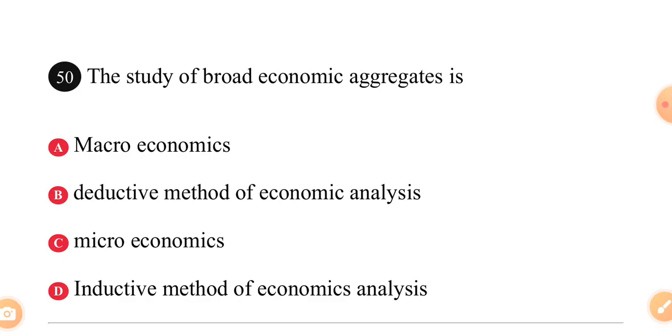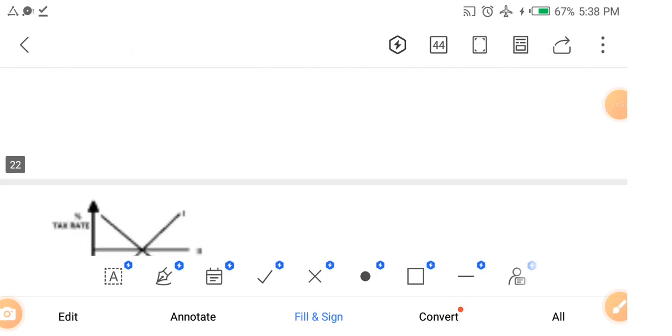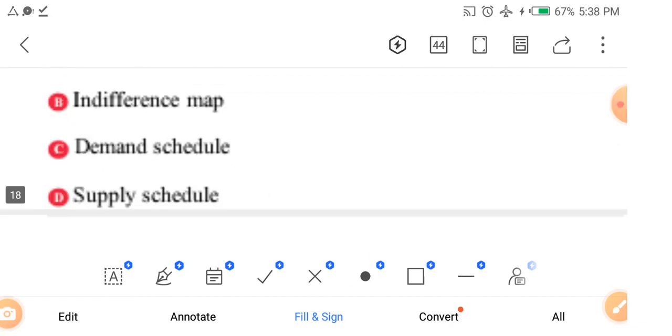Then if you say microcosm, it means a smaller proportion of something. So the study of broad, we already know broad is a larger portion of something. The study of broad economic aggregate is called macroeconomics. A, macroeconomics.